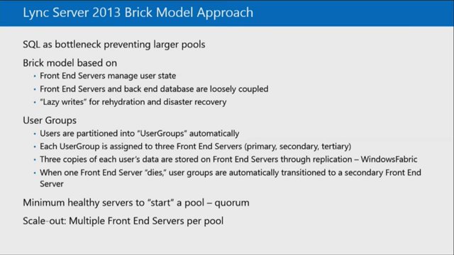Yep. And how this is done is through the idea of user groups. Your entire user base is broken up into user groups automatically by the environment, and each user group is assigned to three different front ends in your pool. Three copies of that group's data are stored on those three front ends through replication via Windows Fabric.